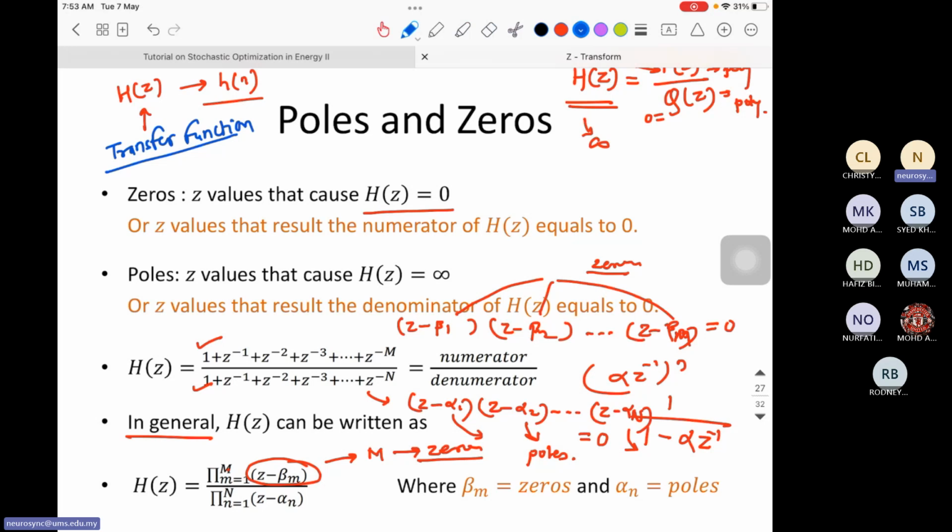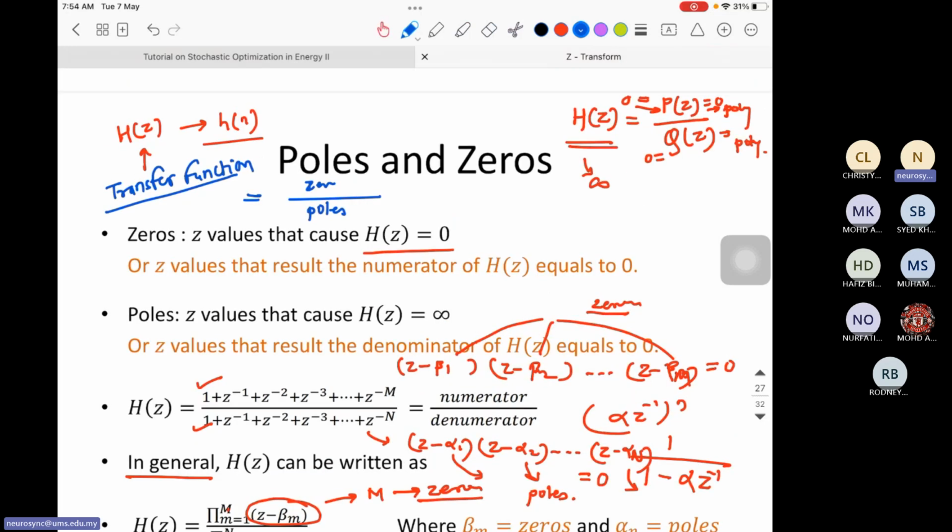Basically, the transfer function can be written in terms of a polynomial of zeros and poles. Zeros are where the transfer function is equal to 0, and poles are where the transfer function is equal to infinity. We write it in terms of polynomials, P of z by Q of z, where P and Q are polynomials in z or z inverse.